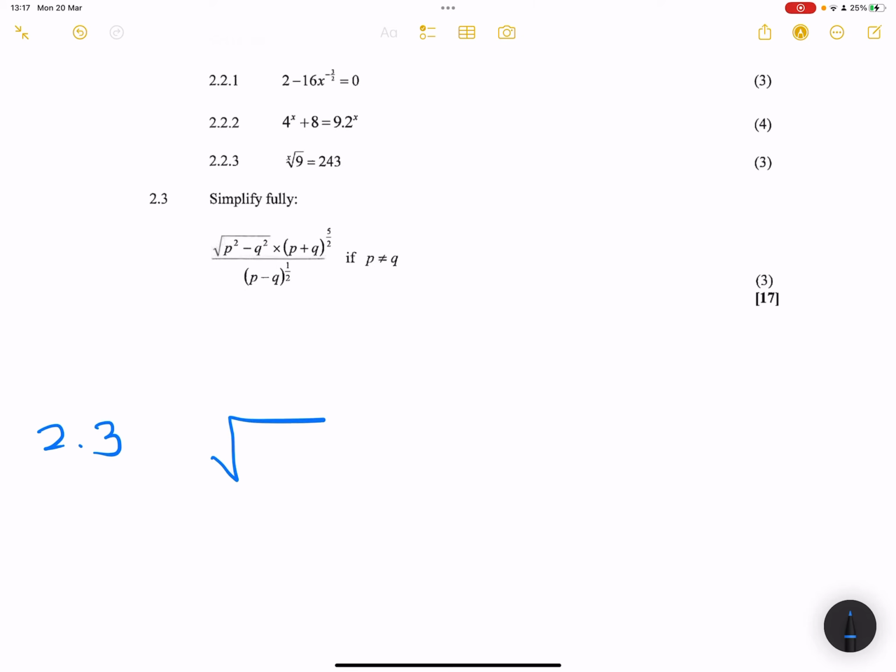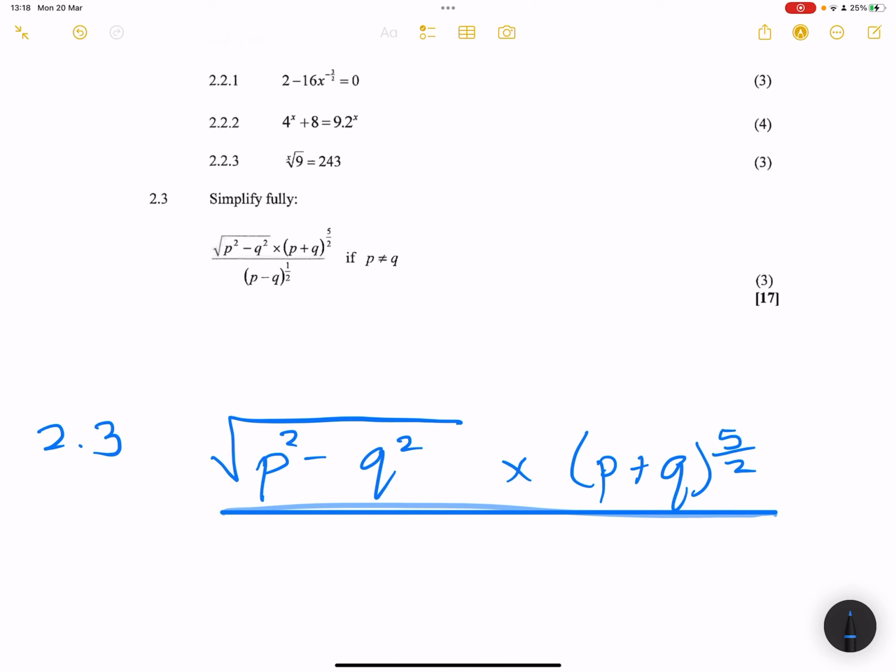We've got p squared minus q squared, okay, so I actually should have taken this as a small p. So that's p squared minus q squared multiplied by p plus q to the 5 over 2, all over p minus q raised to the exponent 1 over 2.